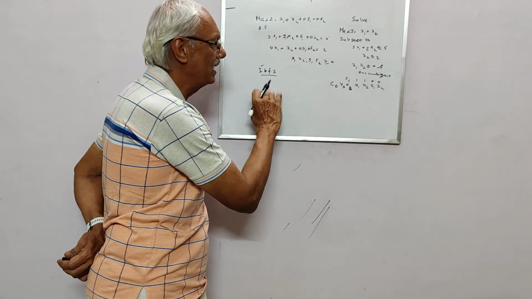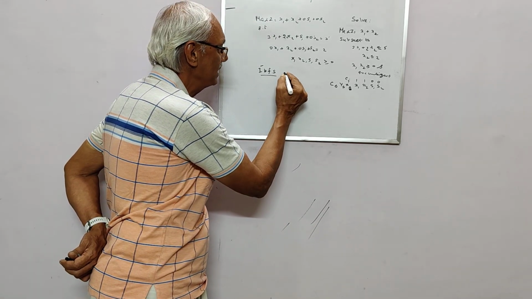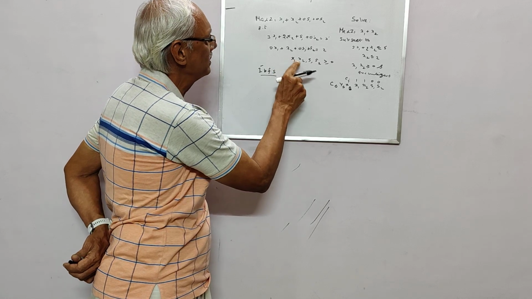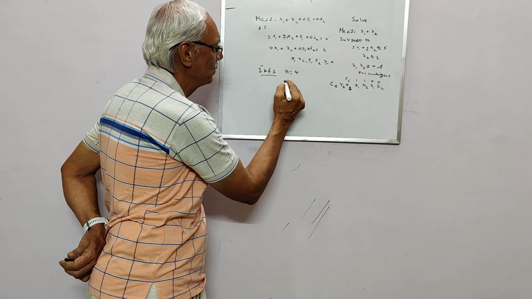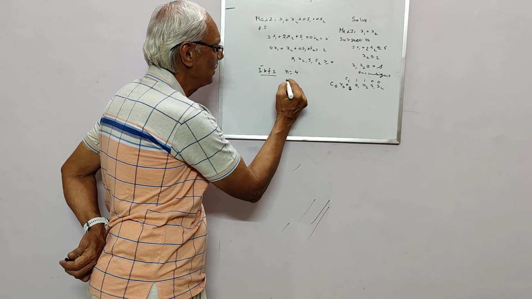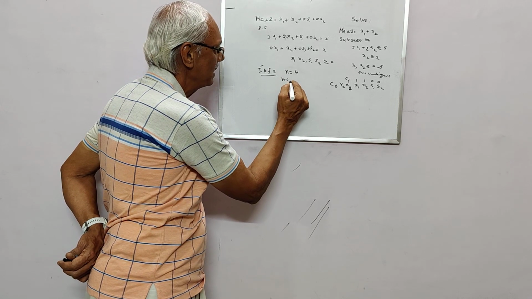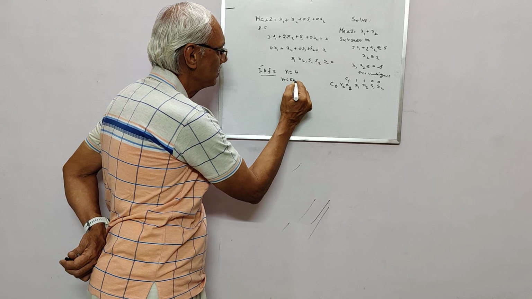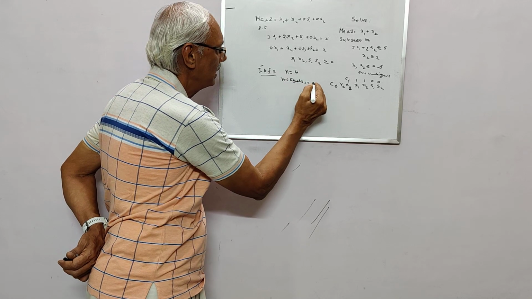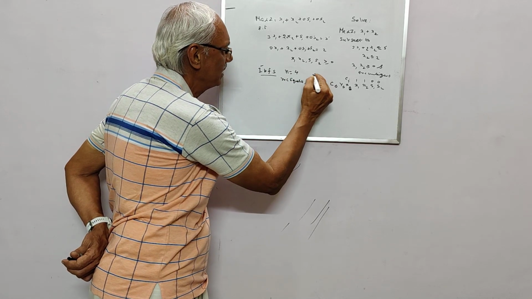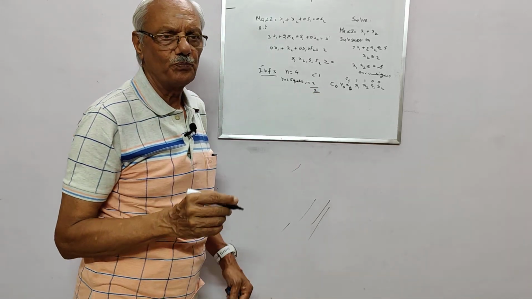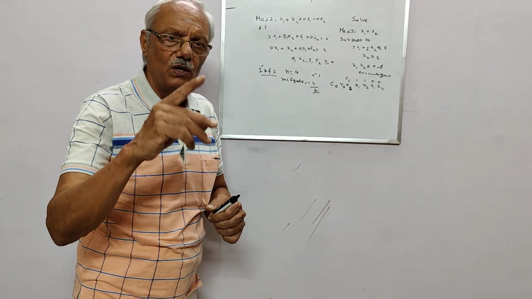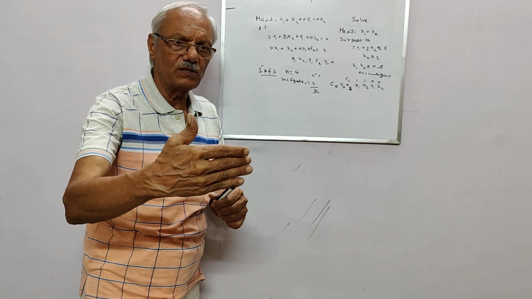Now in order to get this, what you have to do is see how many variables are here. 1, 2, 3, 4. N is the number of variables, which is 4. M is the number of equations, which is 2. So take away this, 4 minus 2 is 2. So make 2 variables 0. I'll repeat this. You find out how many variables there are.